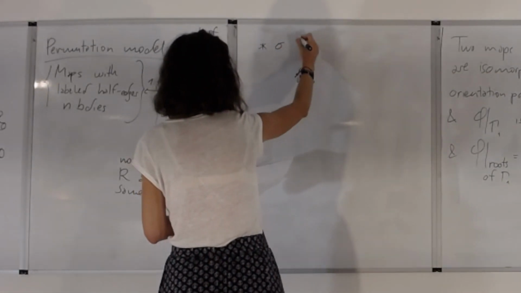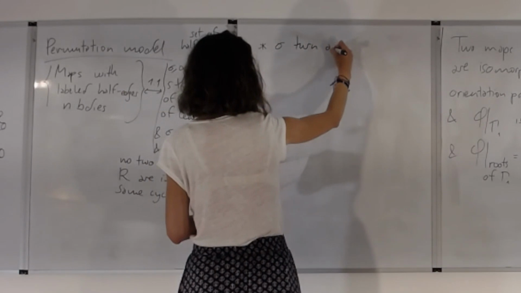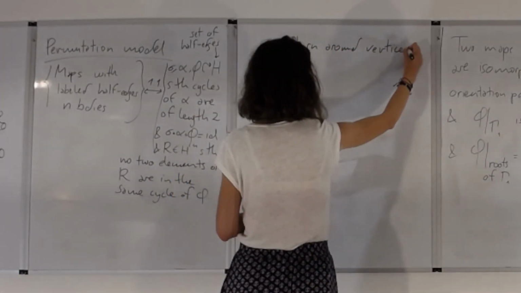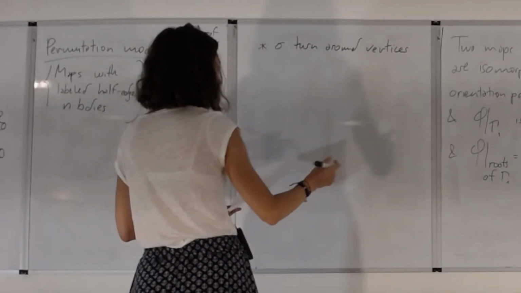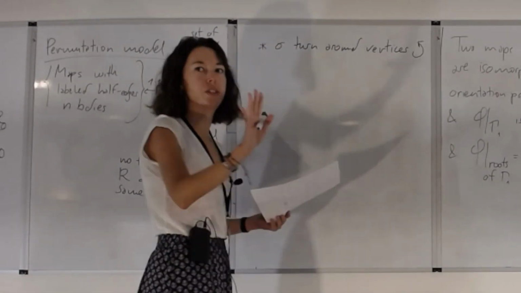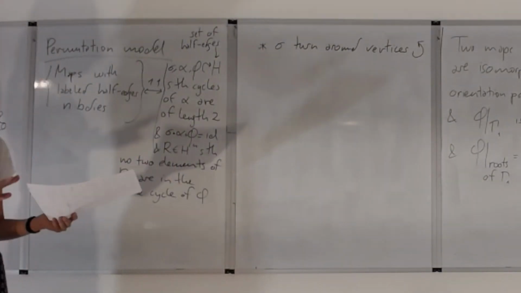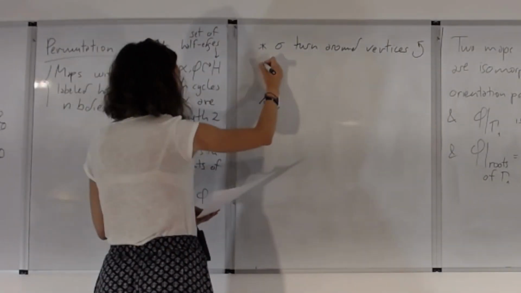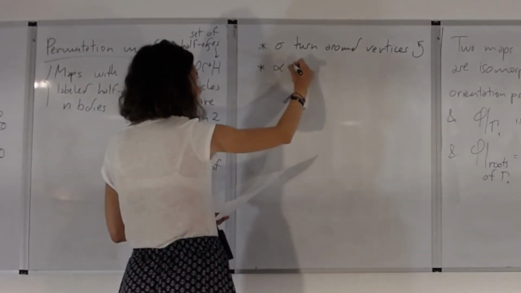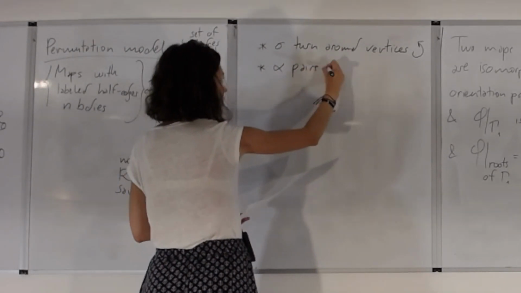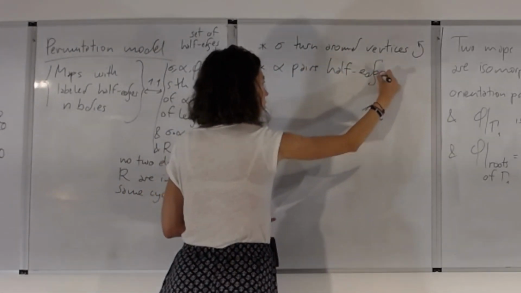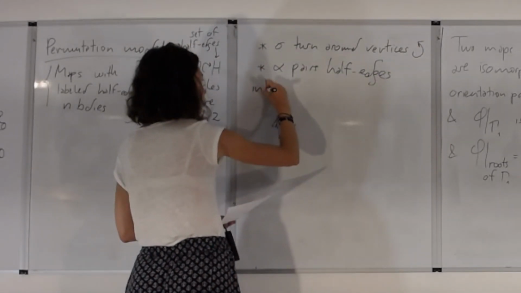So sigma will turn around vertices counterclockwise. This is a convention. You can take another convention, but you need your conventions to be compatible. So I'm just taking one that should work. Then alpha pairs half edges into edges.